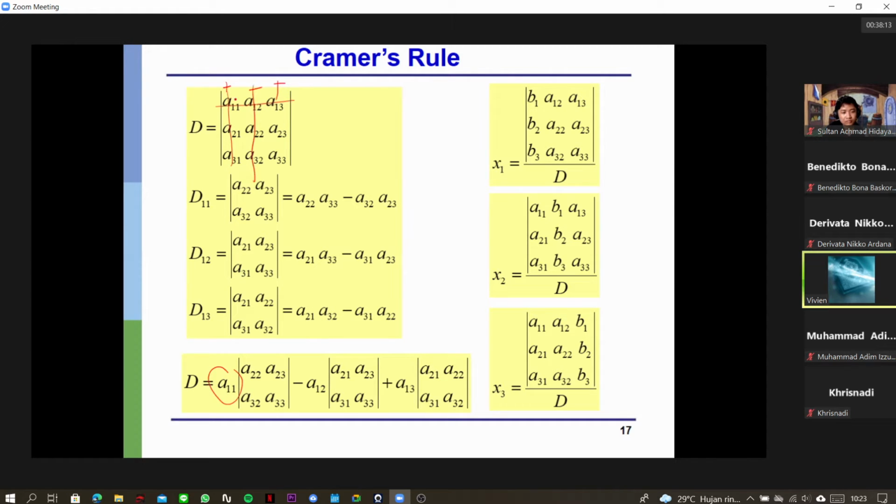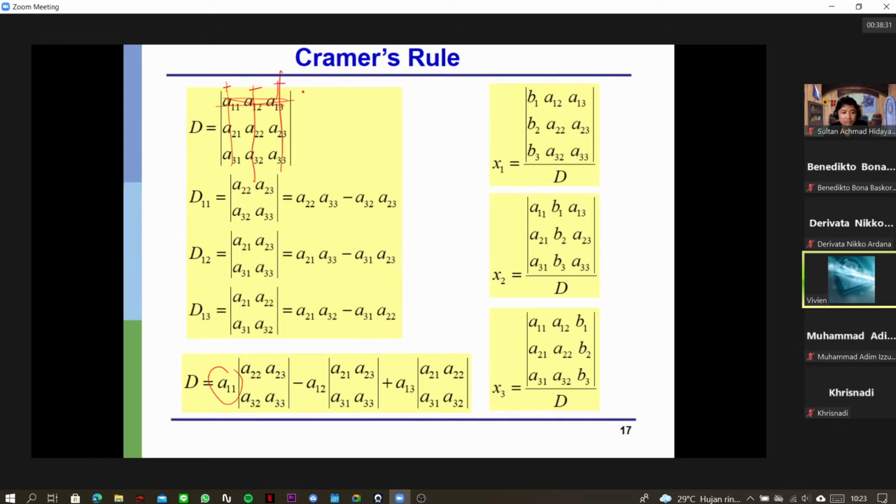Minus, next we take this one, A21 times A33 minus A31 times A23, and so on, plus the next one here, A21 times A32 minus A31 times A22.